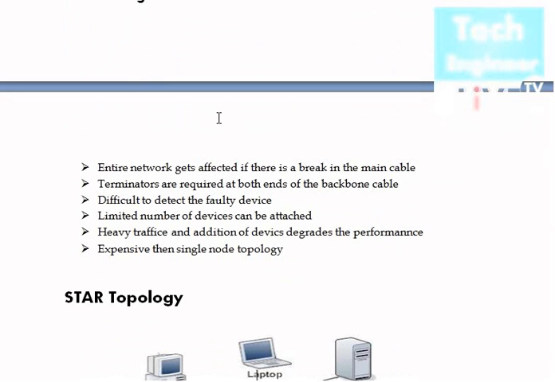Terminators are required at both ends of the backbone cable. I mean, if someone does not want a terminator, it could go without one, but then it will affect the network badly. It is also difficult to detect the faulty device.